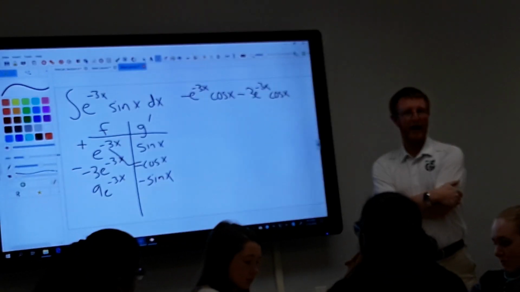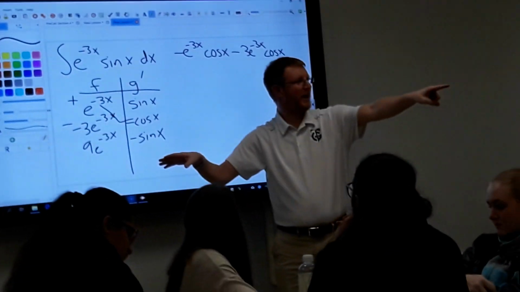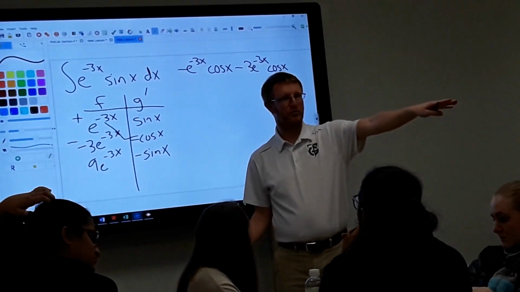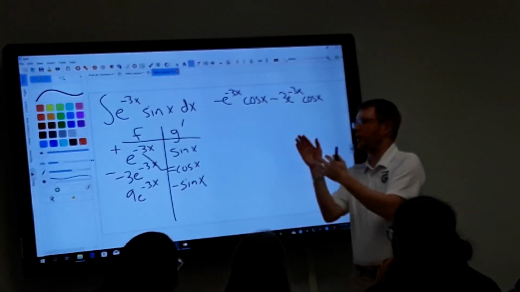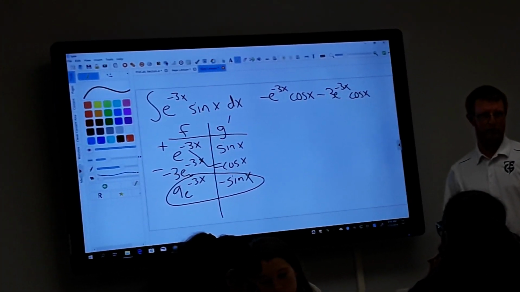The last piece we don't have. That's the problem here. Because we can't go down to 0, we don't have a clear third term here. Our third term is this portion right here, but it's the integral of all that.